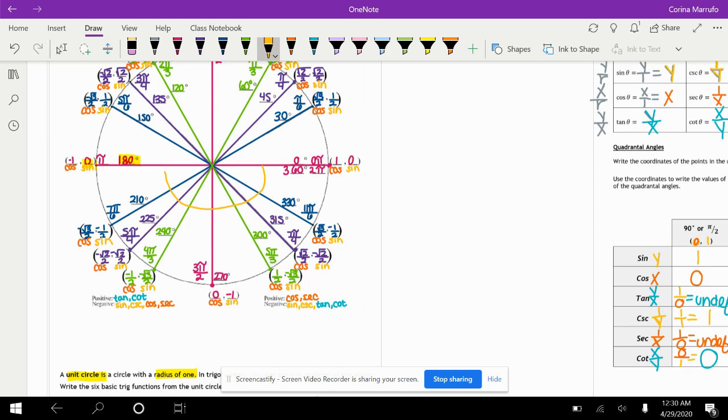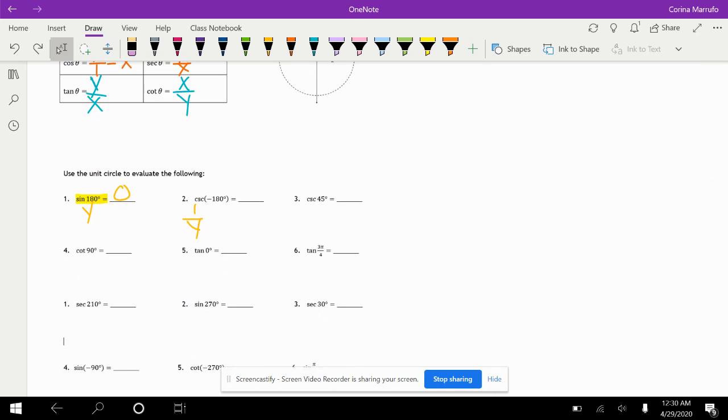So our y value is 0. When we plug this in, it's going to be 1 divided by 0. And 1 divided by 0 is just going to give you undefined. Because you cannot divide anything into 0 groups, or you can't take 1 and divide it by 0. It's impossible. That's why we get undefined for that one.